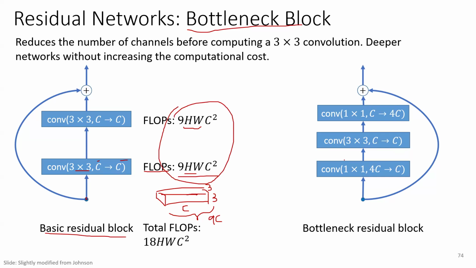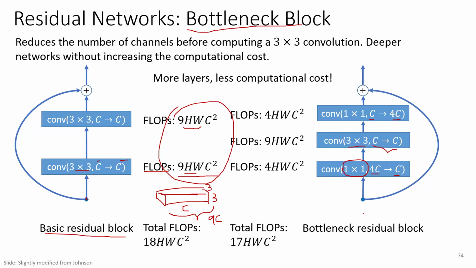But here, what they did was they had a 1 by 1 convolution, reducing the number of channels from 4C to C. Only on the C channels, they did the 3 by 3 convolution. After that, they expanded the number of channels from C to 4C. So that gives 17 H W C squared total flops. But there is a slight problem in this diagram.